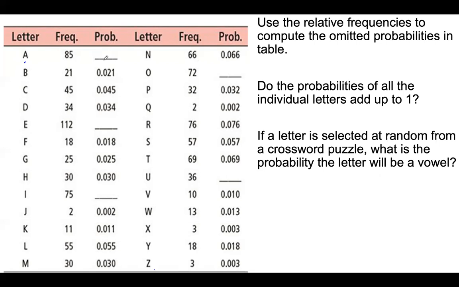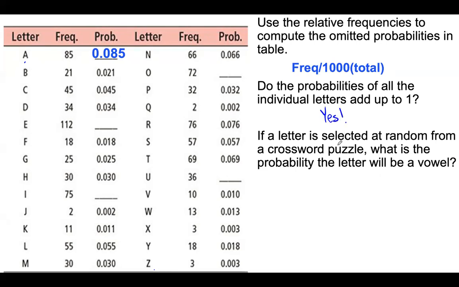So we can find those probabilities. The probability that we obtain the letter A would be 85 over 1,000. So this is the frequency over the total, which is 0.085. Then we could do the next letter, etc. Do the probabilities all add up to 1? Yes, they do.